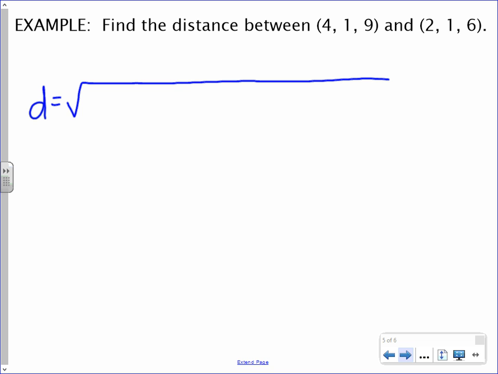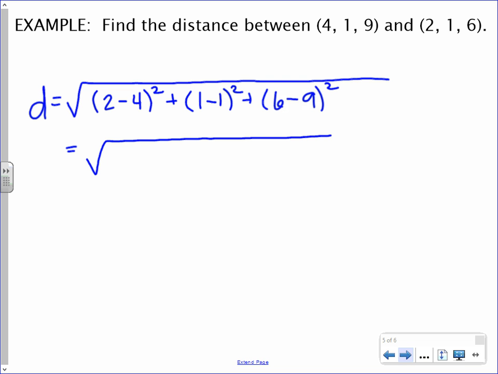So if these are your 2 points, we're going to take 2 minus 4 squared because those are our x's, plus 1 minus 1 squared, those are our y's, plus 6 minus 9 squared, those are our z's. 2 minus 4 squared? 1 minus 1 squared? 6 minus 9 squared.